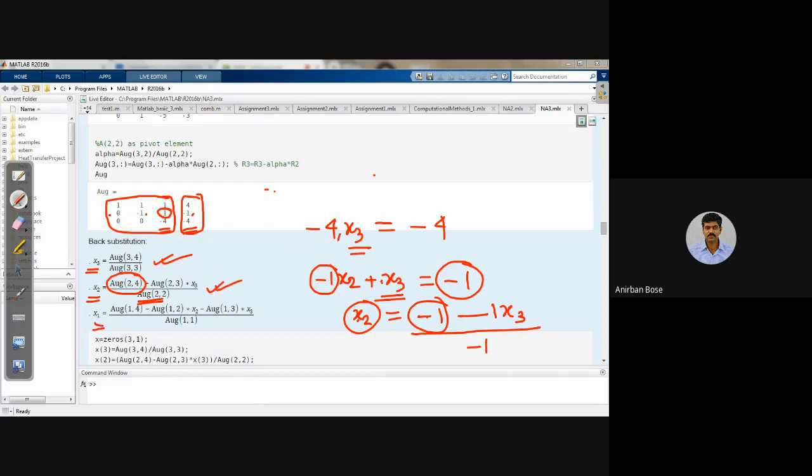So in this way now x2 you can easily find out. Then what will be x1? Exactly similar extension you have to do for x1. In x1, what is there here you have to write first, that is augmented 1 4 minus something.